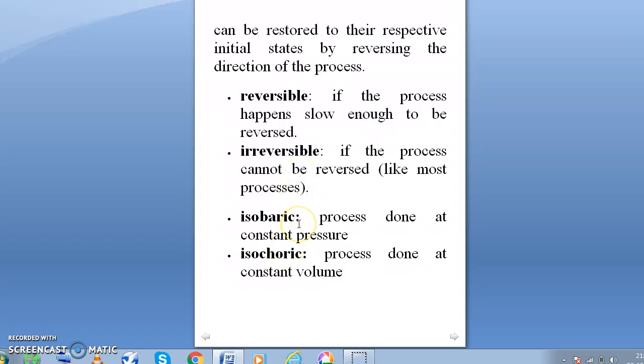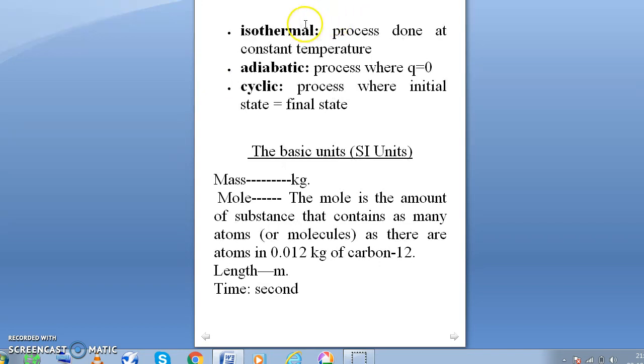An isobaric process: the processes which are done at constant pressure are isobaric processes. Isochoric process: the processes which are done at constant volume condition are called isochoric processes. Isothermal process: the processes done at constant temperature are termed isothermal processes.